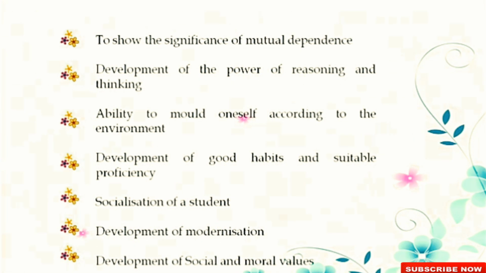Development of the power of reasoning and thinking, ability to mold oneself according to the environment, development of good habits and suitable proficiencies, socialization of a student, development of modernism, development of social moral values. That is the aim of teaching social science.